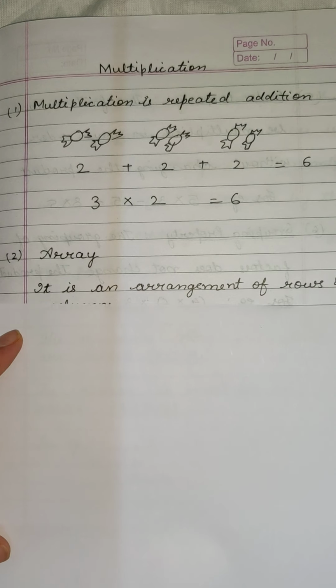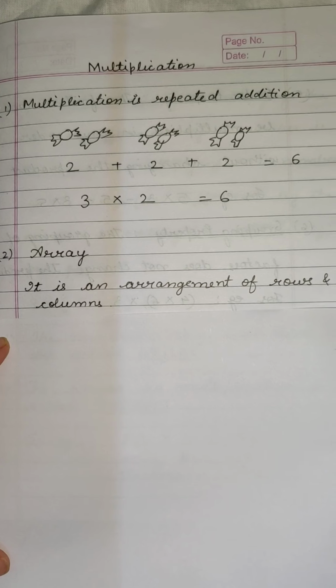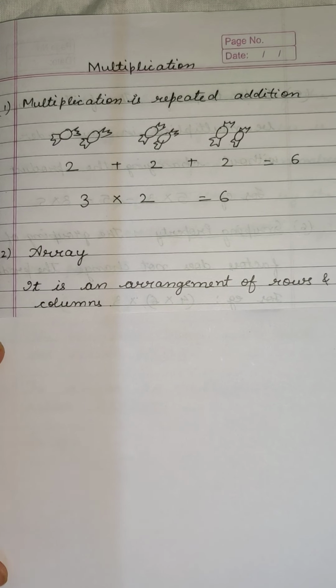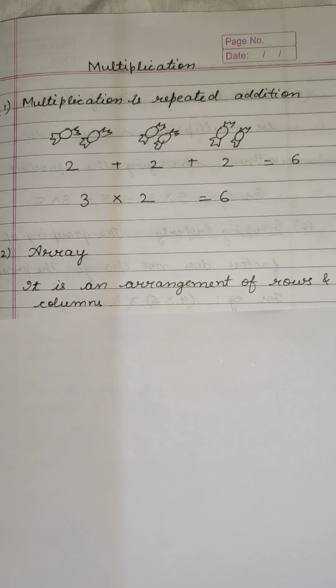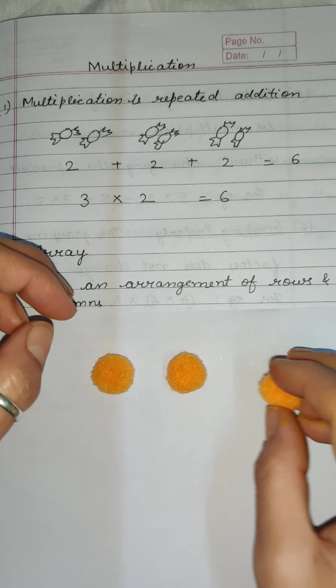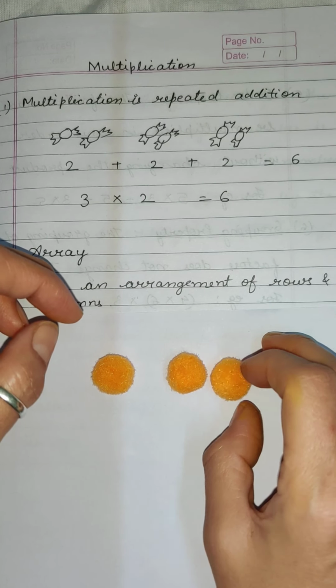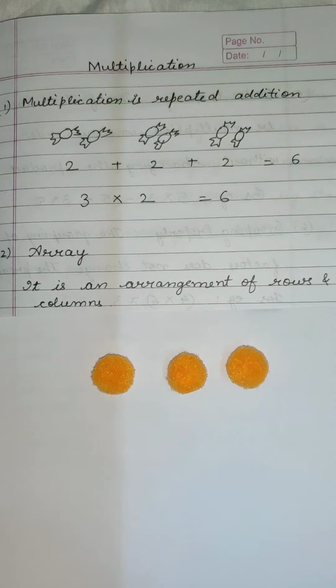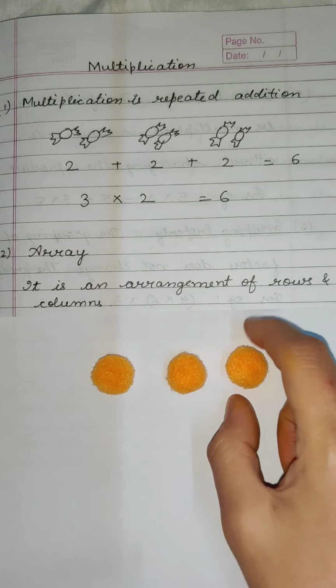Now let us see what is an array. Array is an arrangement of rows and columns of objects. For example, I place 3 objects horizontally.